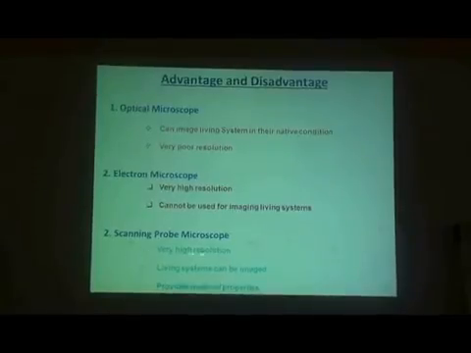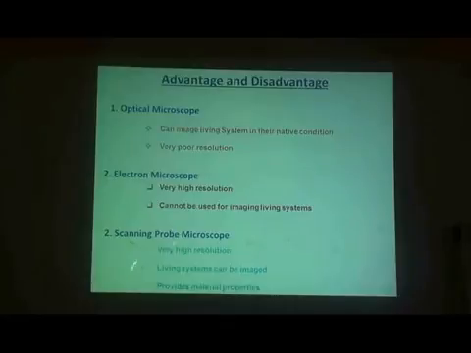Whereas the scanning probe microscope gives you atomic resolution, very high resolution similar to that of the electron microscope, and it can be used for living systems as well. You can use it in ambient conditions. You can have a microscope here without any vacuum. If you go to your optoelectronics department, you can see that one.